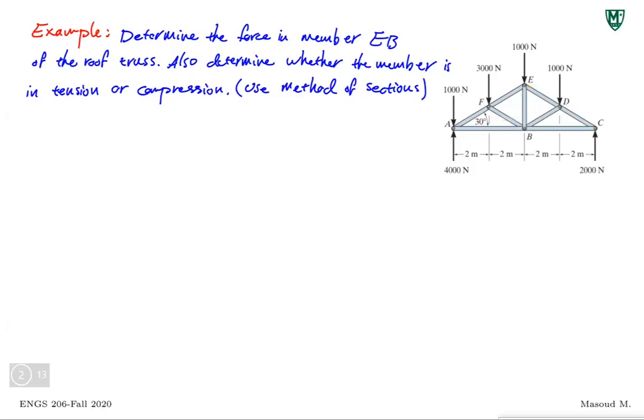What is the other possibility? Make it this way. Whether you go with the right side or left side, let's go with the right side this time, you still are going to have 1, 2, 3, and 4 unknowns. So still doesn't work, right?